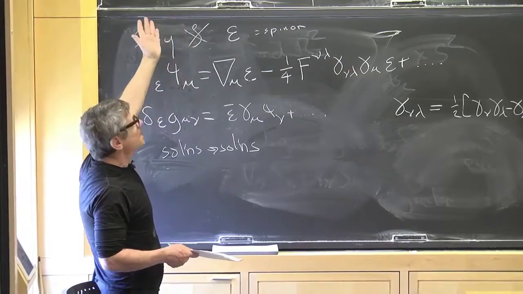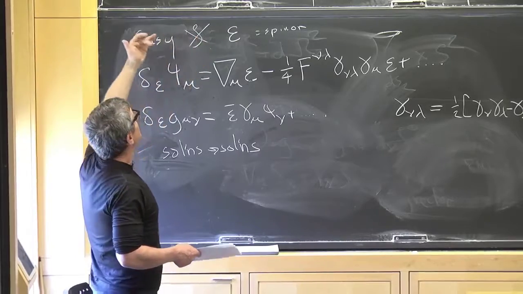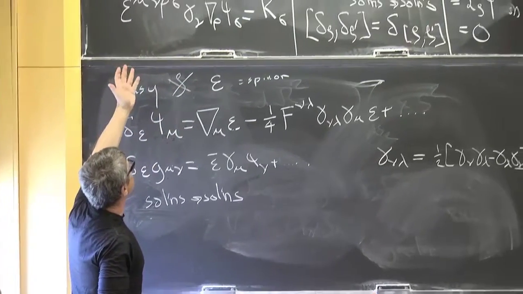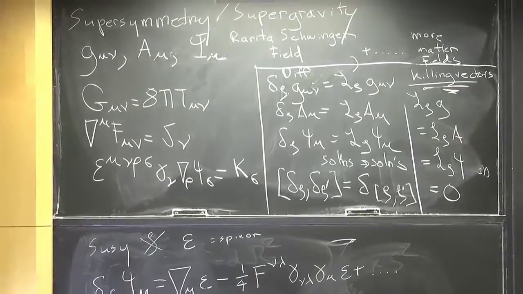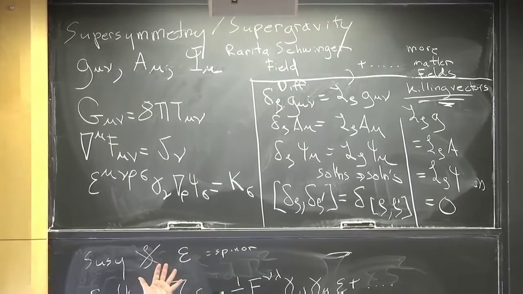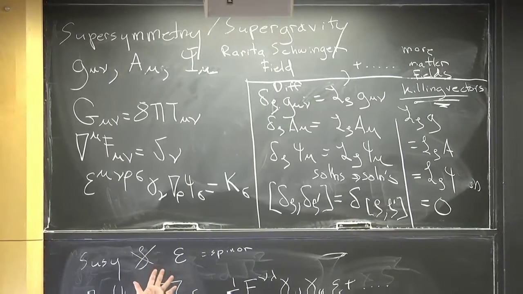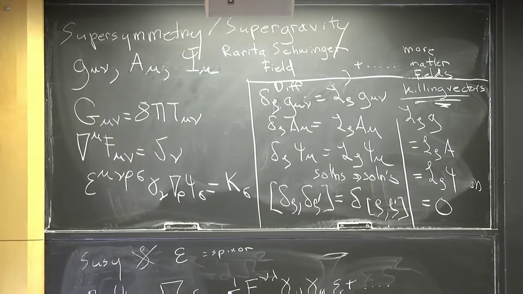Similarly, it's not true that every generally covariant action involving G, A, and psi is also supersymmetric. There are very specific restrictions on the couplings that you can have in order for it to be true that if you do these transformations on the fields, it maps a solution to a solution.